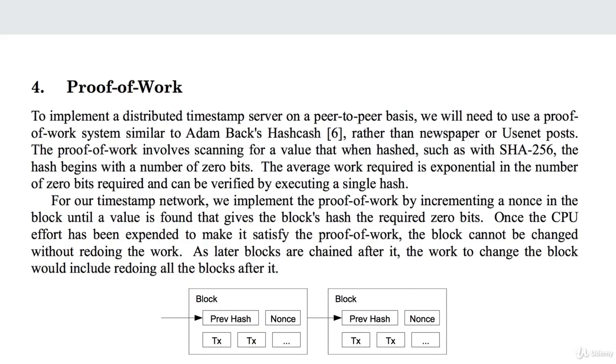Then we have the fourth section, labeled Proof of Work, which details how miners will add blocks by solving a computational puzzle that ensures blocks aren't added at too quick of a pace. The paper itself provides details on how the proof of work algorithm is implemented. Notice the use of an SHA-256 algorithm, which we'll be using in our own implementation as well.